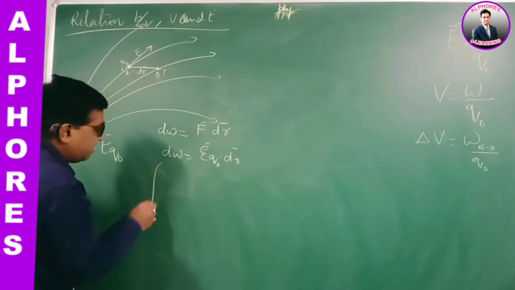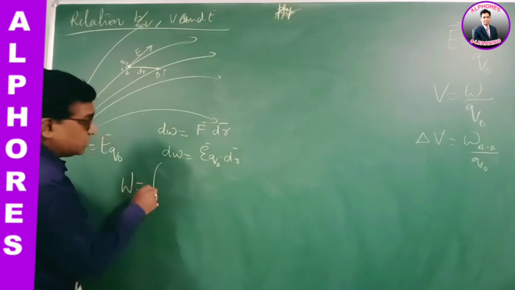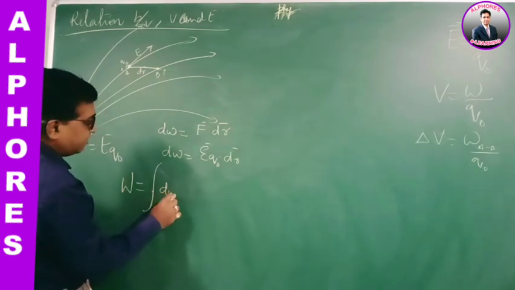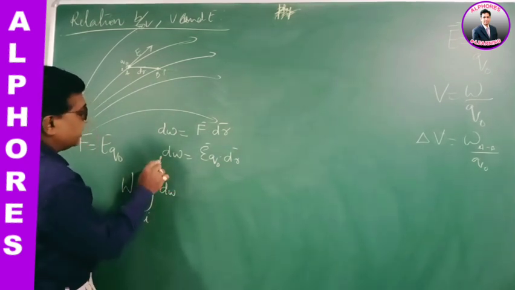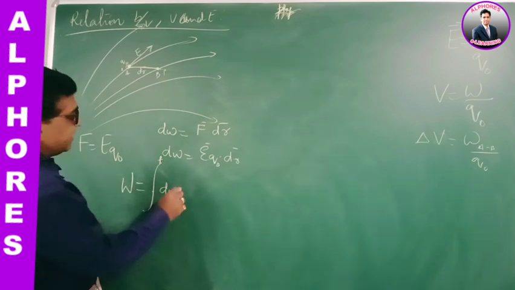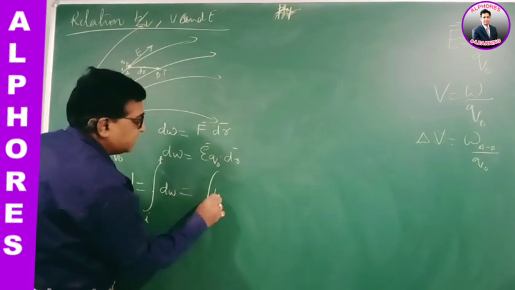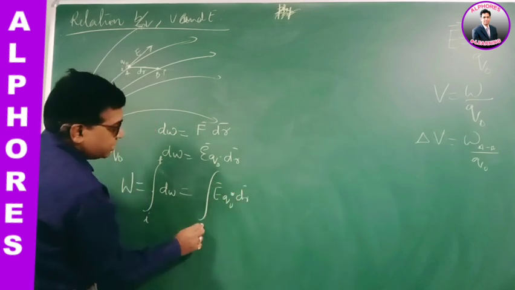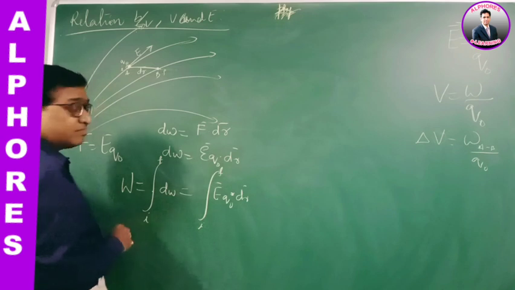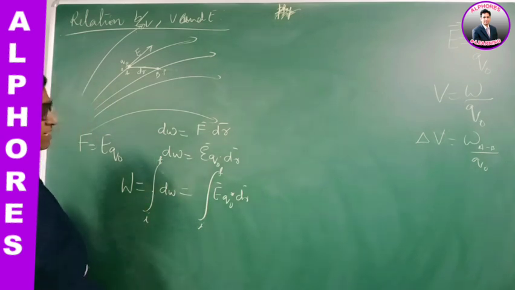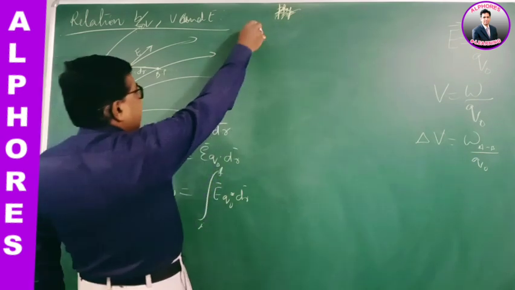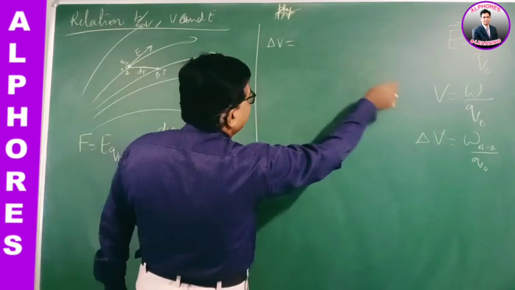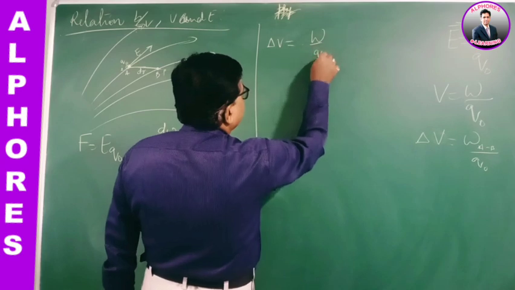Now the total work done to move from one point to another in the field is the integral of dW from the initial to the final point. So the total work done is the integral of EQ0 dot dr from initial point to final point. But we know the electric potential difference delta V is the work done in moving a charge against the field.